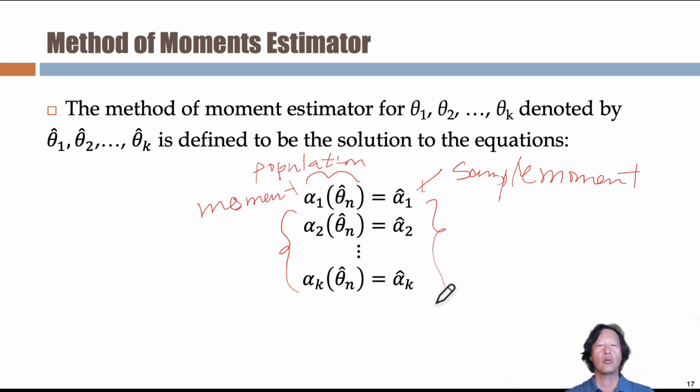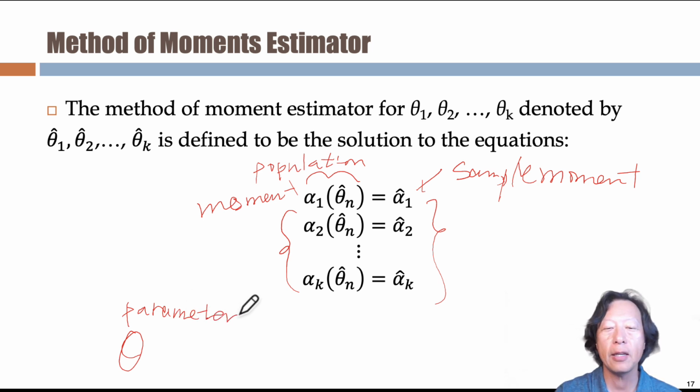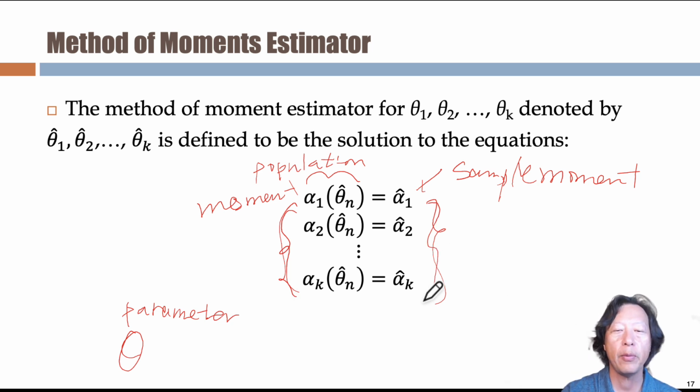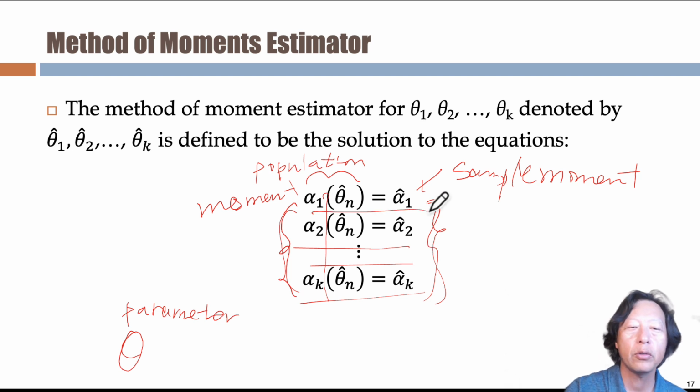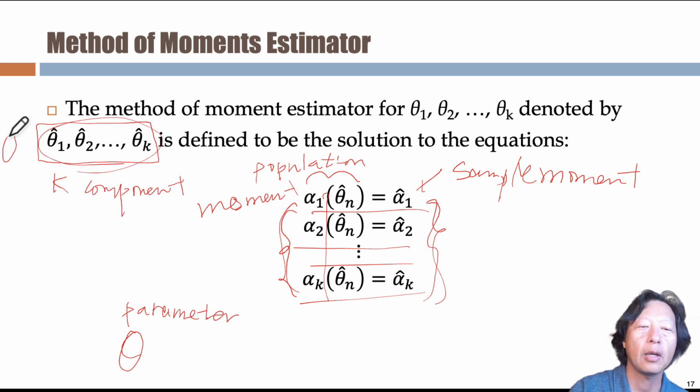And then solve the equations. The solution will be theta, which is the parameter. So we're looking for the parameter that satisfies this system of equations. Why do we have k different equations? Because our parameter has k components. So altogether it is theta.